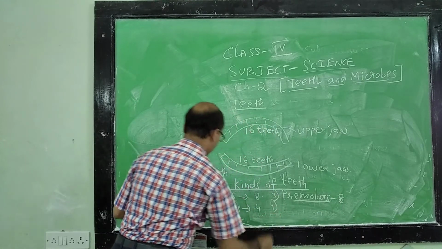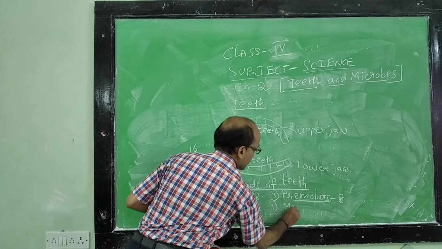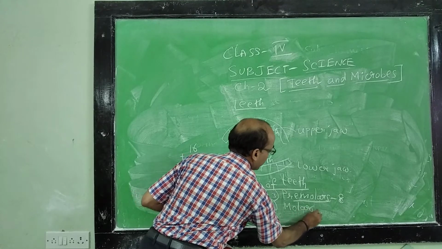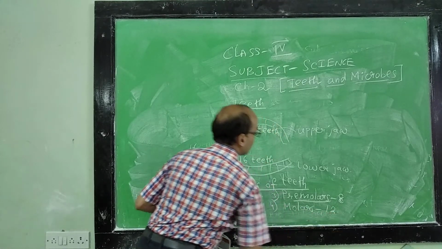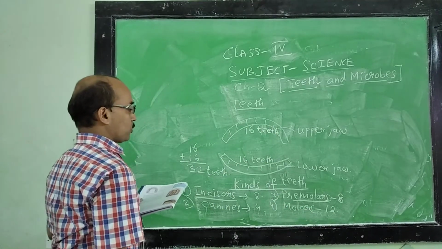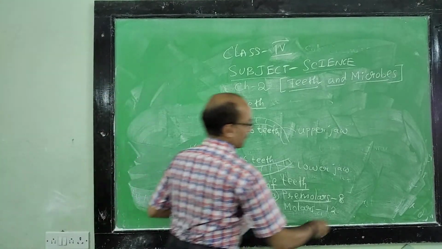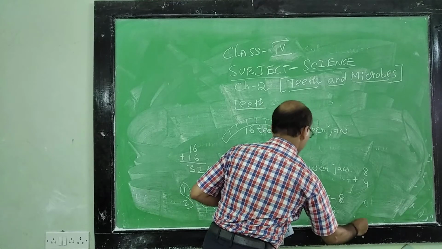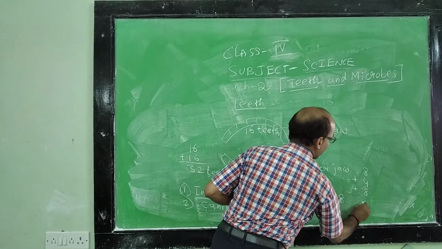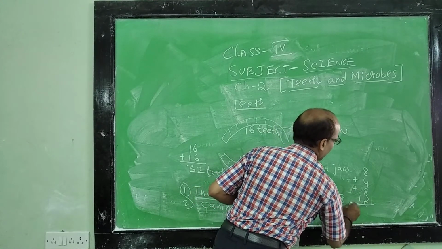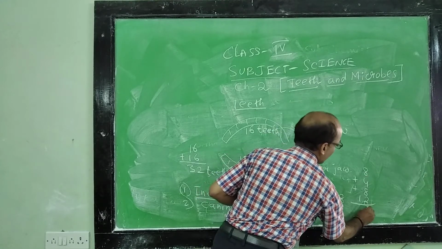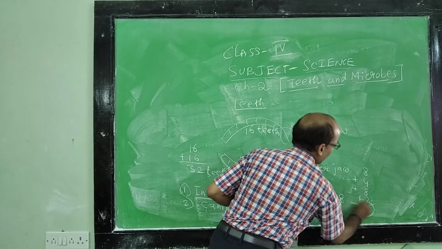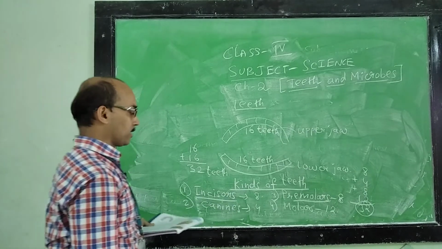And number 4, molars, 12. If you add them, 8 plus 4 plus 8 plus 12, it is 32. So there are 32 teeth in an adult.